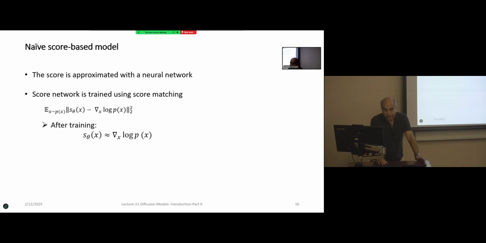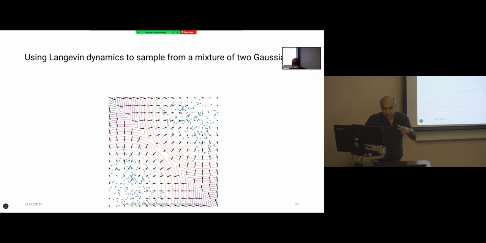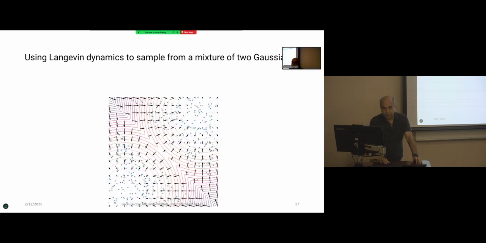And after the training, it approximates the actual score function. Once we have that, we can sample using this Langevin process from these two Gaussians. These samples will come from those because these are centered in these two places.